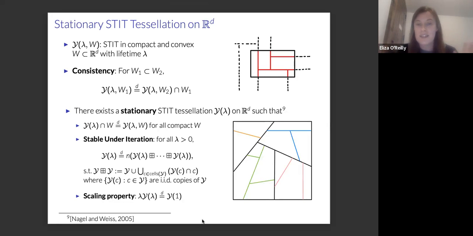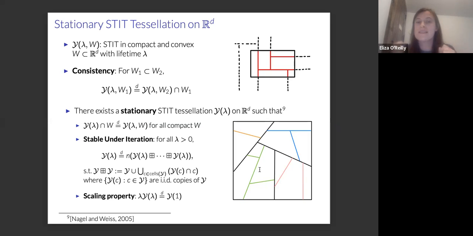This infinite tessellation also satisfies what's called the stable under iteration property, which is where it gets its name from. The iteration of a random tessellation is where you subdivide each cell of the tessellation by an independent copy of the tessellation intersected with that cell, like this picture shows.